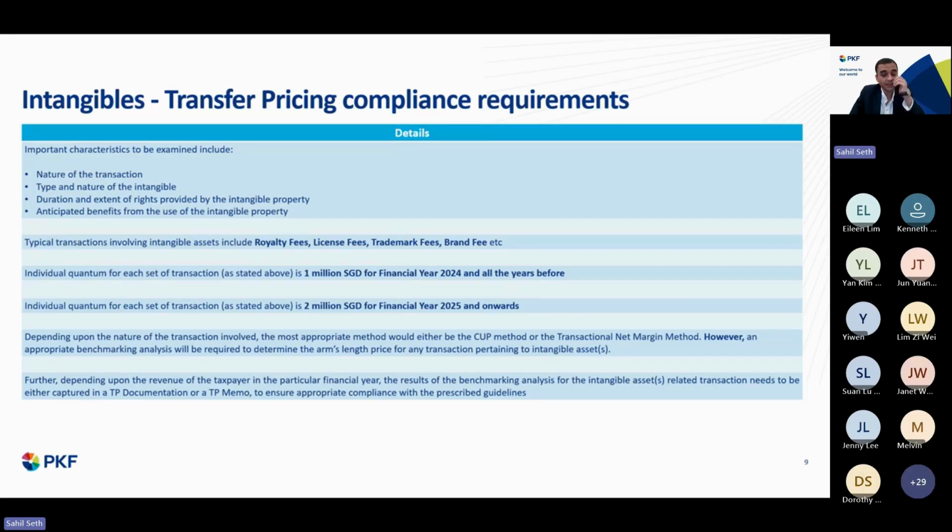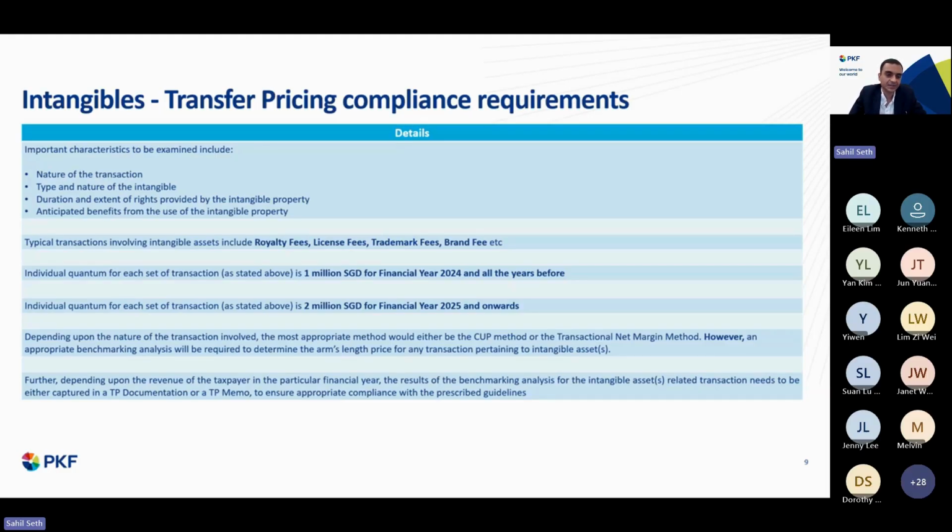So depending upon the nature of the transaction involved, the appropriate methods are generally the CUP, the comparable uncontrolled price, or the transactional net margin method. Sometimes, depending upon the nature of the intangible, we can do a corroborative kind of analysis, wherein we can use the CUP and the transactional net margin method, but it all depends upon the facts of the transaction.